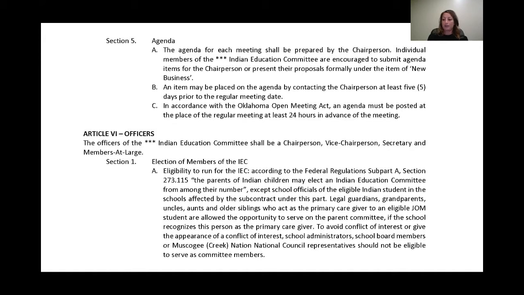We just got clarification with the BIE for that. Those who cannot be elected because it would be considered a conflict of interest are school board members, superintendents, Muscogee Nation National Council representatives, and also spouses of those mentioned.